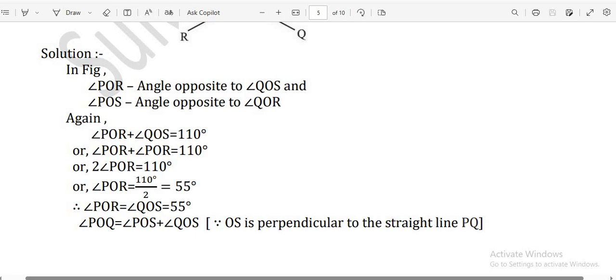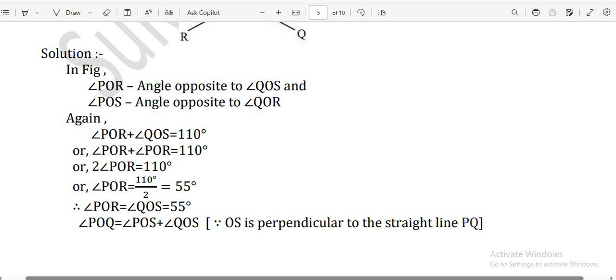Therefore angle POR is equal to 55 degrees, and we know angle POR is equal to angle QOS, which is 55 degrees.